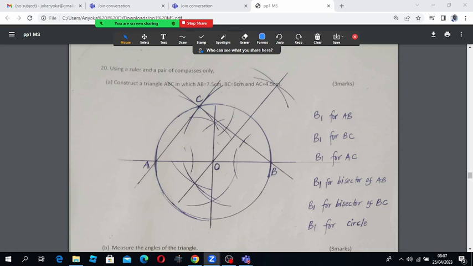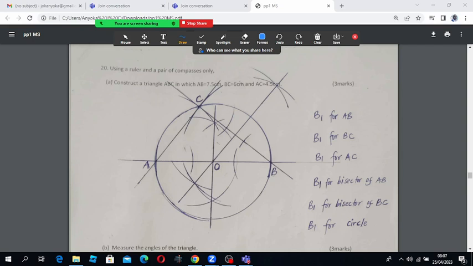We are told, using a ruler and a pair of compasses only, to construct triangle ABC in which AB is 7.5 centimeters, BC is 6 and AC is 4.5 centimeters.